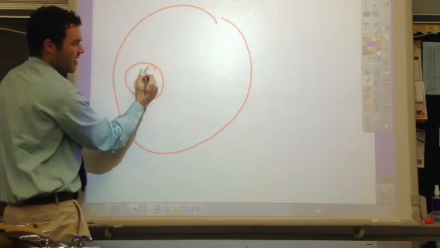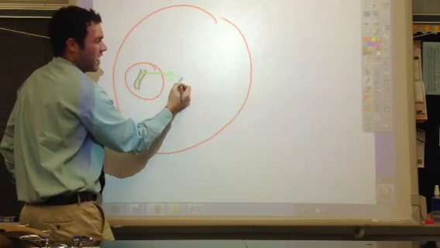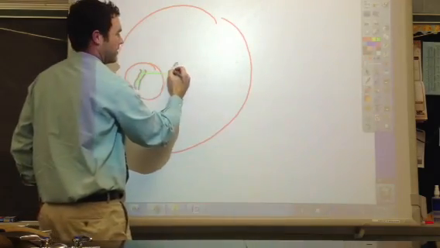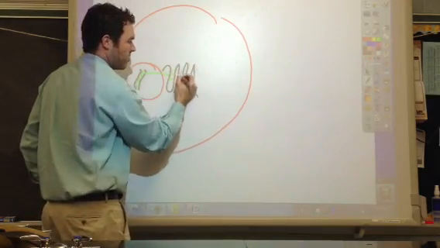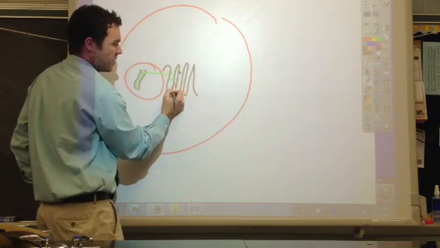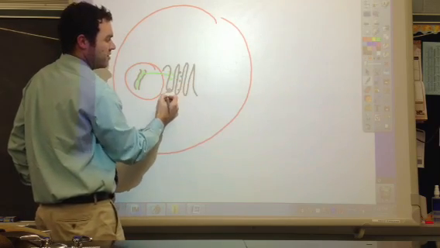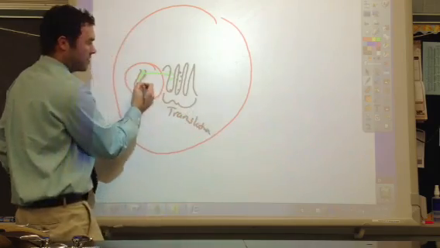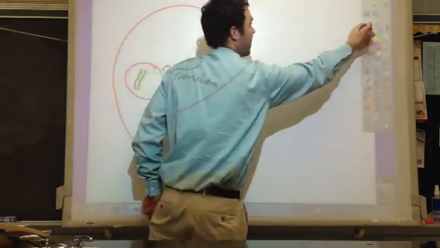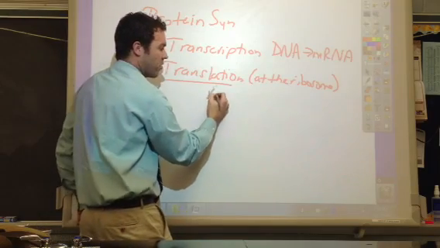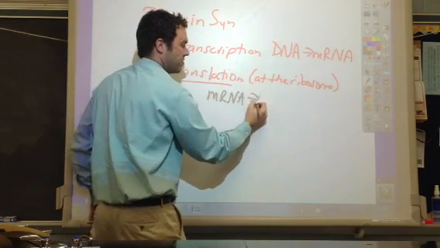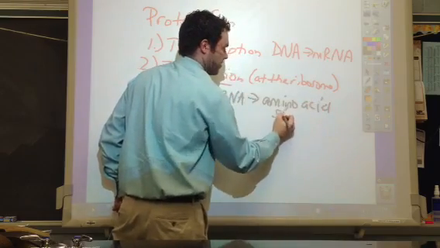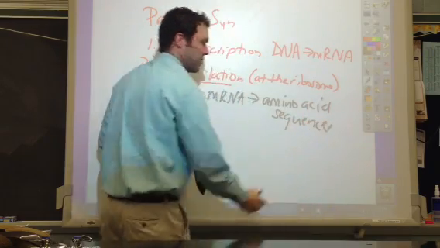That message then has to leave the nucleus and go to, if that's my ER and you have the ribosomes attached, that's where that message has to go to. This is the location of translation. This is transcription. To go back to define translation, translation is going from the mRNA sequence into the amino acid sequence.